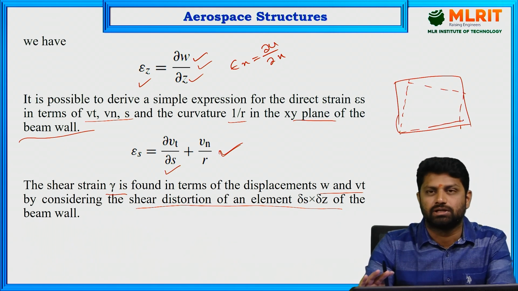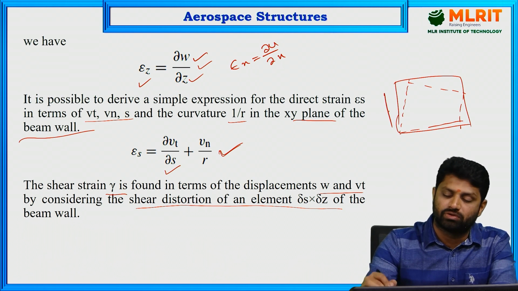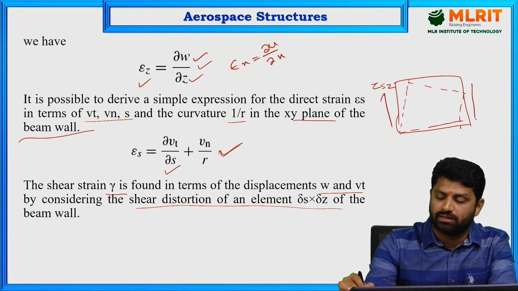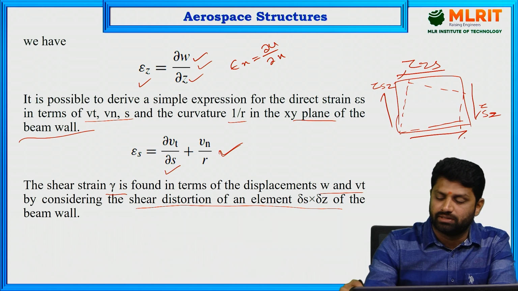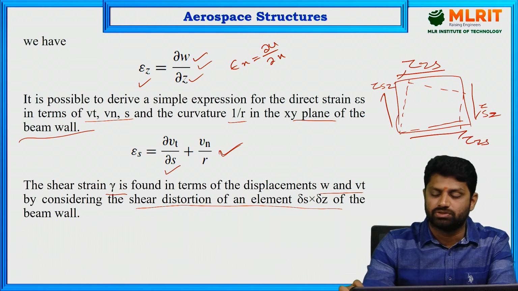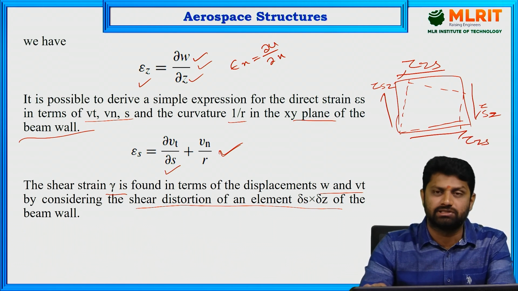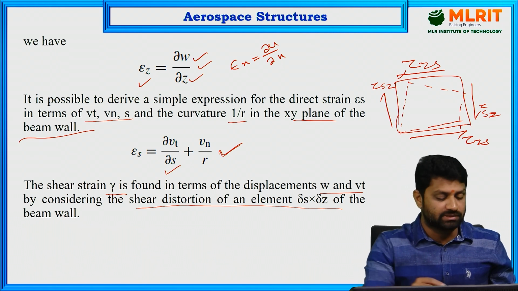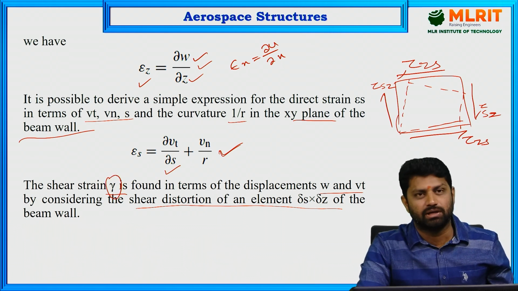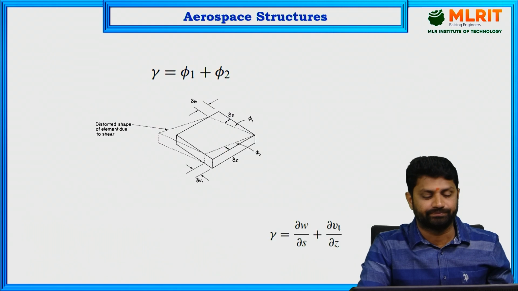We apply tau Sz on the two sides and tau Zs on the other two. Because of this, the element distorts, and by considering all these effects we establish the relationship for gamma, the shear strain.